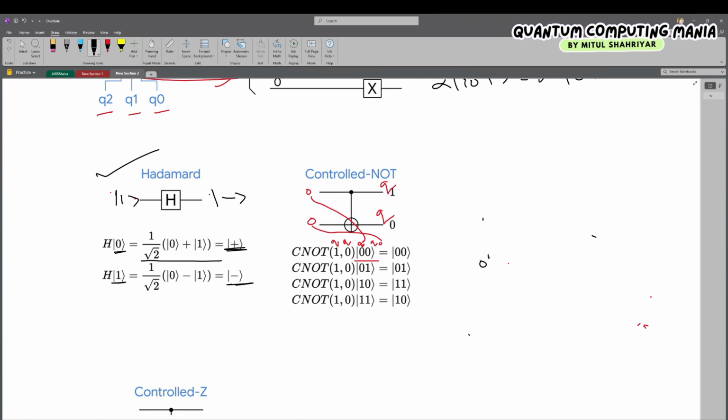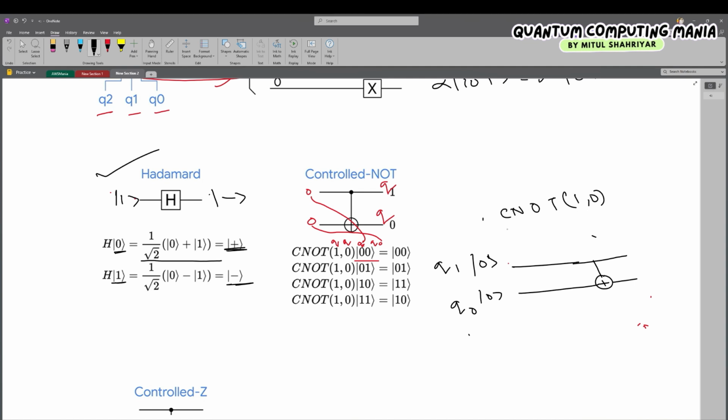We have 0 bit and 0 bit right now. This is our qubit 1, this is our qubit 0. We have said CX gate 1 0, which means this is our control, this is our target bit.